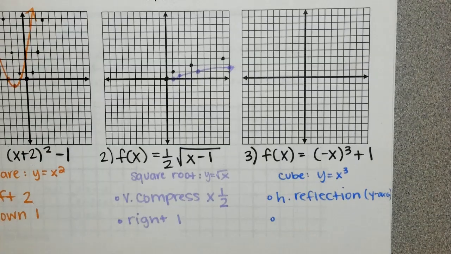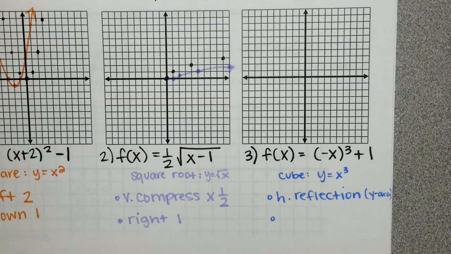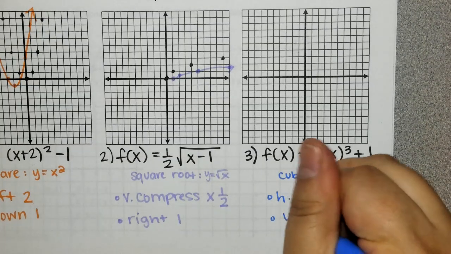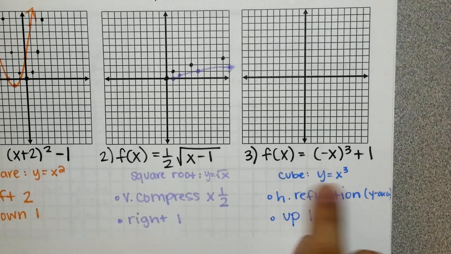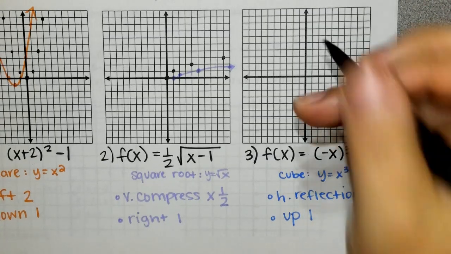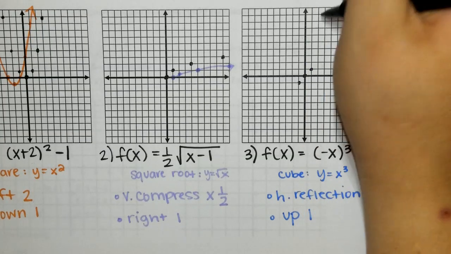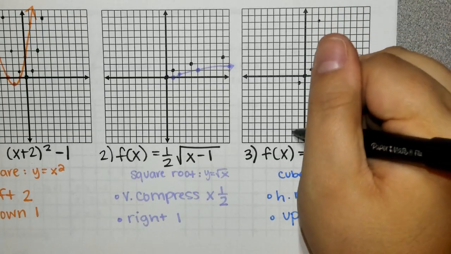Perfect. Thank you. A horizontal reflection over the y-axis. What's the other? Up 1. And did y'all write that it's a cube function? Oh, I need to do the parent function. Hold on.